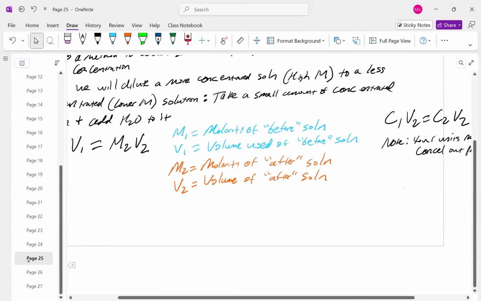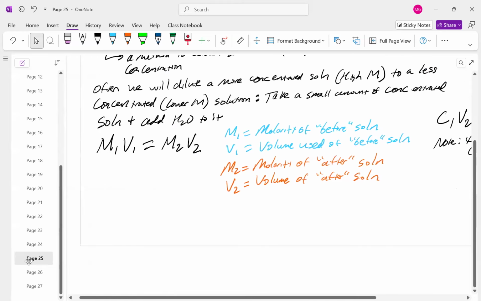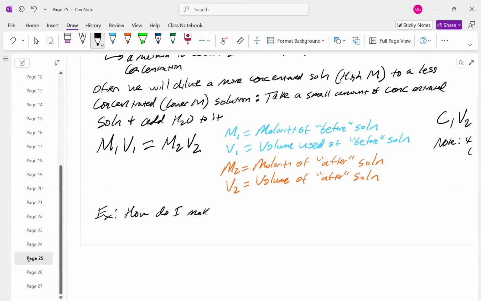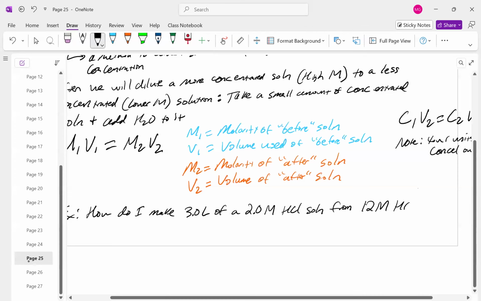So let's do a quick practice problem. How do I make 3 liters of a 2.0 molar HCl solution from 12 molar HCl?